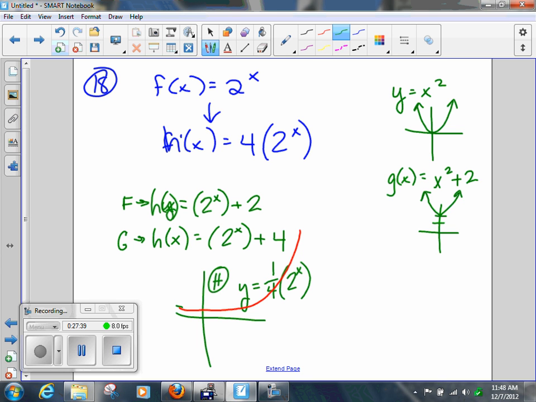And then J was the same thing that's already graphed. A vertical stretch by a factor of 4, which would have been what we were given. That H function was already 4, and it went up through 4. 1, 2, 3, 4. I just started narrowing them down. But I know if it's a vertical shift, it's going to be plus or minus on that function.